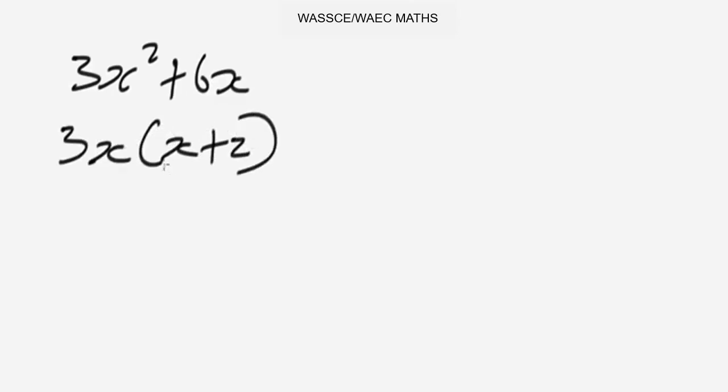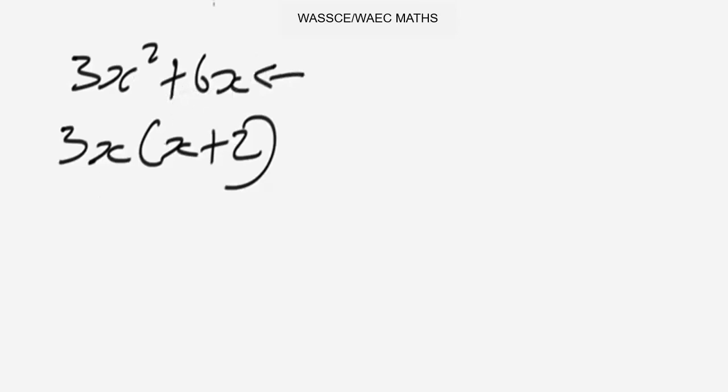When you multiply this back, this is 2, not z, guys. This is 2. So when you multiply this out, you will get back to this expression, 3x squared plus 6x.